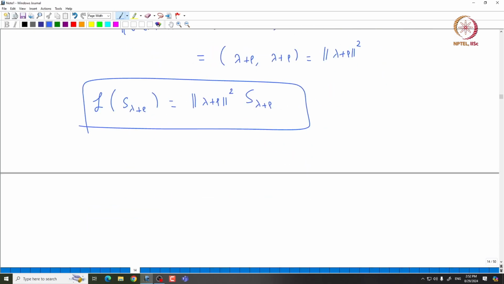But there is something interesting about these eigenvalues.